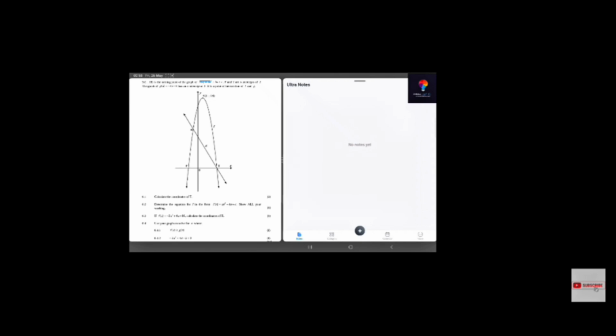P and T are x-intercepts of f. The graph of g of x is equals to minus 2x plus 8. It has an x-intercept at T. R is a point of intersection of f and g.